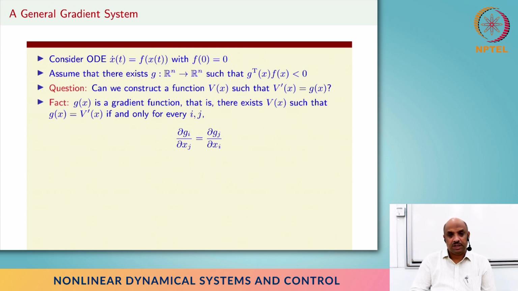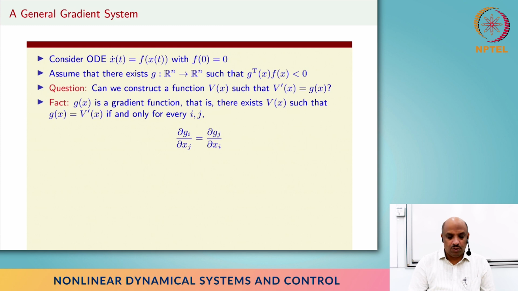And why is this true? At a high level, when you substitute v there, it simply becomes the second derivative. If you have a twice differentiable function v, then this is automatically satisfied. But it becomes necessary to find such a gradient function.